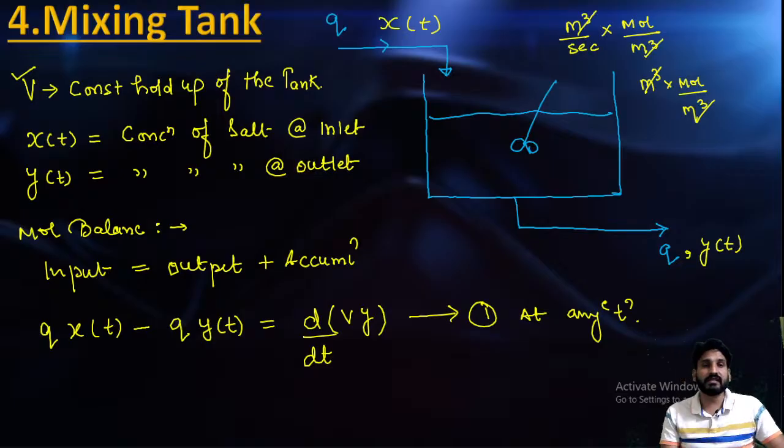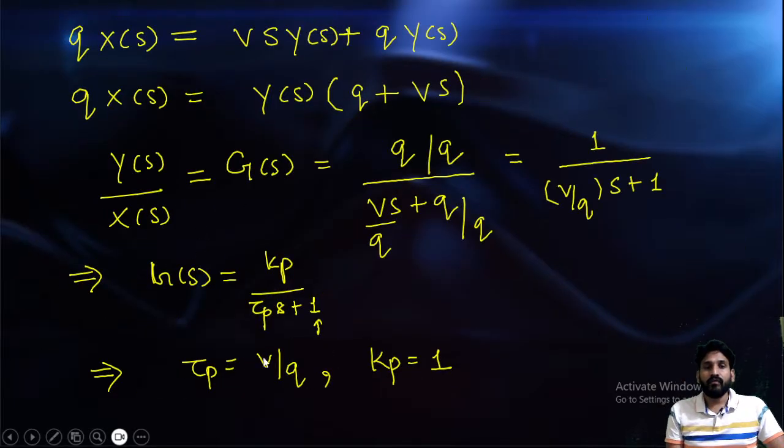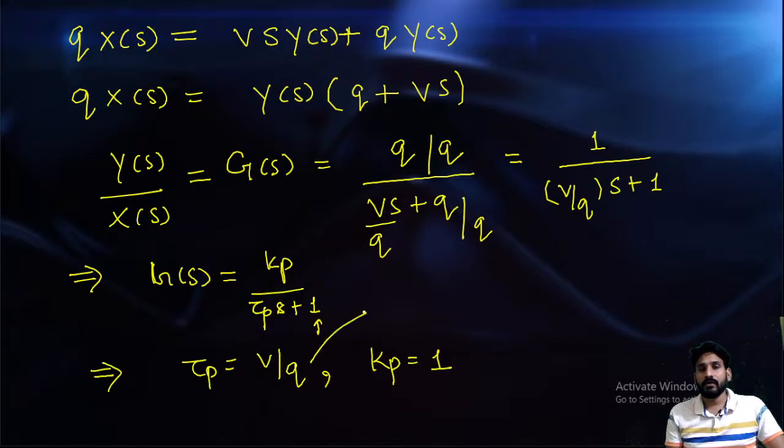After that we discussed the mixing tank, and in the mixing tank we found that tau p is basically V divided by Q. Q is my flow rate. Flow rate means the volumetric flow rate, do not confuse in that.